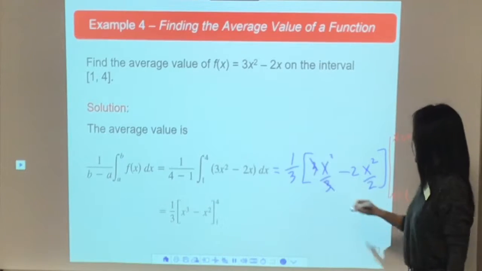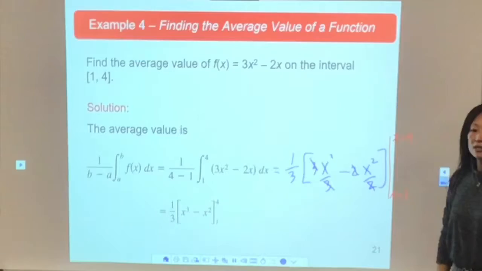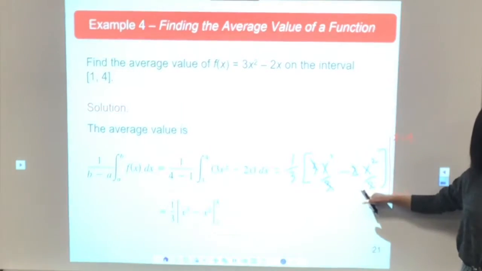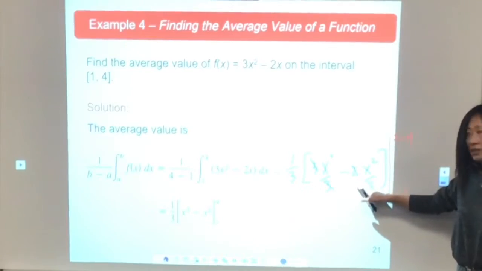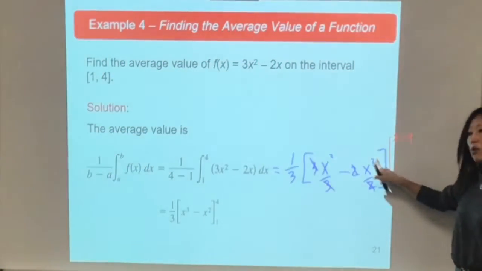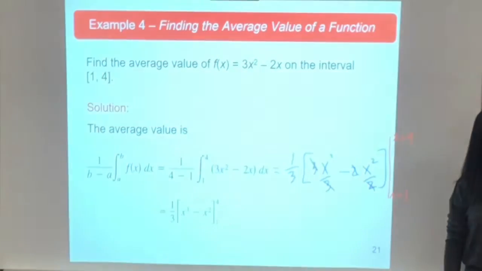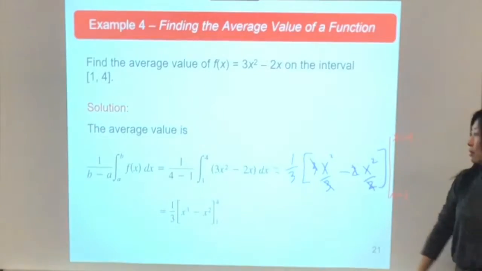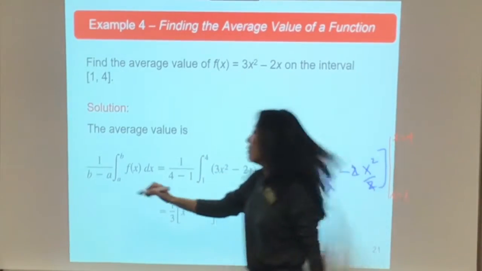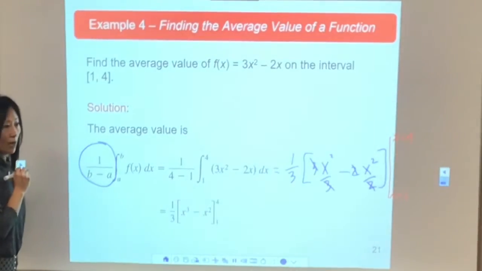So 3 and 3 cancel out, 2 and 2 cancel out, and you get x to the third minus x squared. This is a step they skipped, so I put it there for you. You take the antiderivative, so you add one to the power and divide by that power. Where did the 1 come from? 1 divided by 4 minus 1. That's part of your formula, remember right here? Are you with me? Okay.